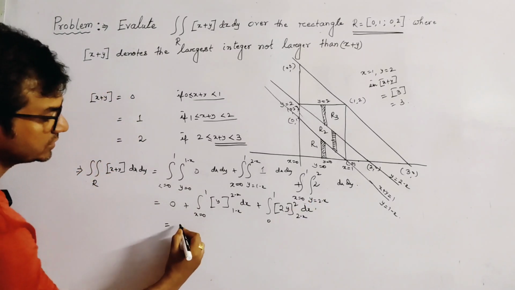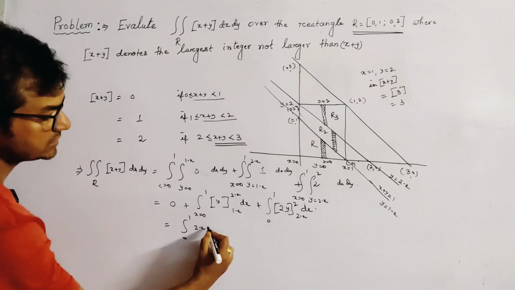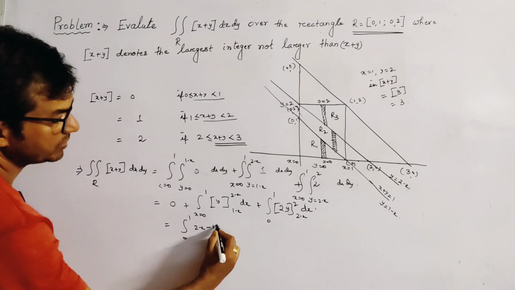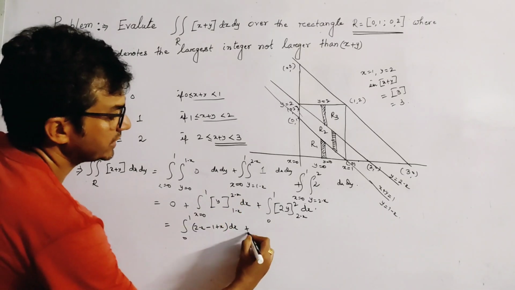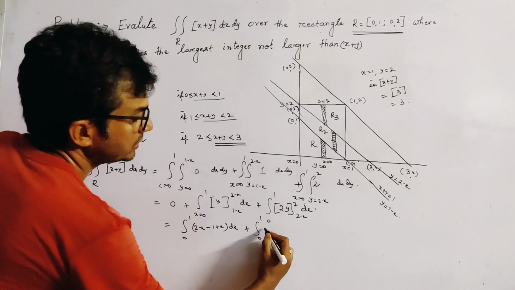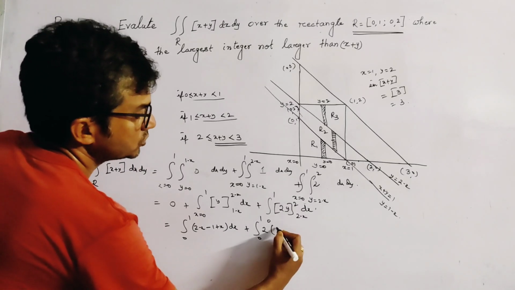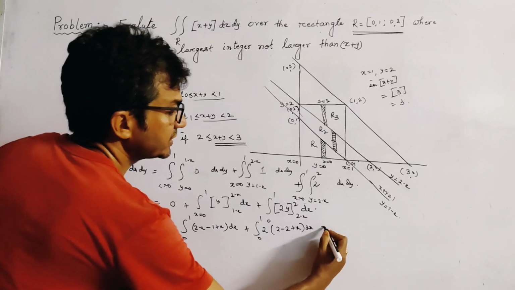So we get the integral from 0 to 1 of (2 minus x minus 1 plus x) dx, and the second is the integral from 0 to 1 of 2 times (2 minus 2 plus x) dx.